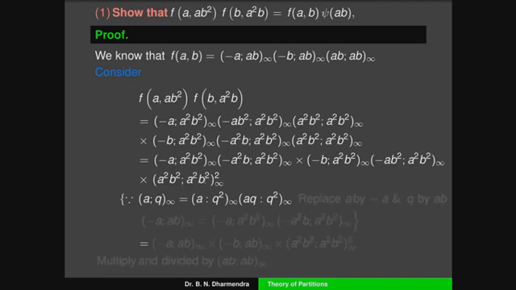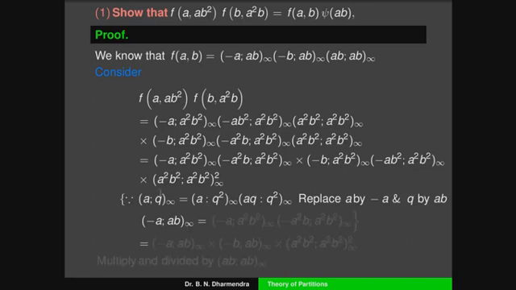In terms of a is minus a and q is a into b, so a into q can be written as a square into b, minus a square into b. So by using this result, we replace a by minus a and q by ab, so the term can be written as minus ab infinity.